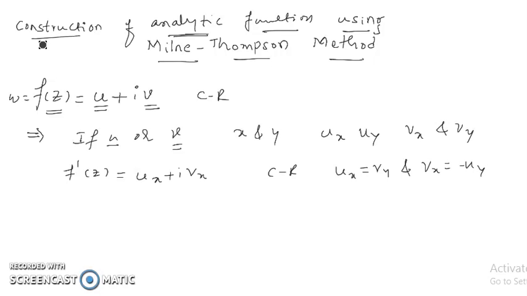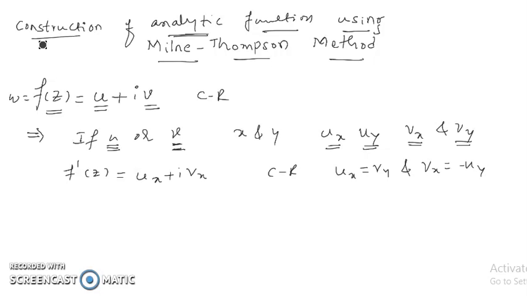So if u is given, we are going to find u x and u y, means partial derivative of u with respect to x and partial derivative of u with respect to y. If the imaginary part v is given, we are going to find v subscript x and v subscript y, that is partial differentiation of v with respect to x and with respect to y.